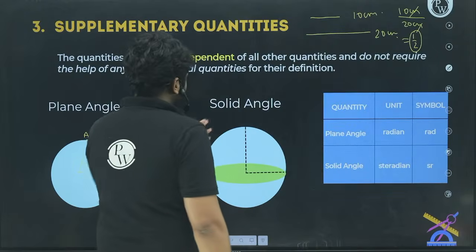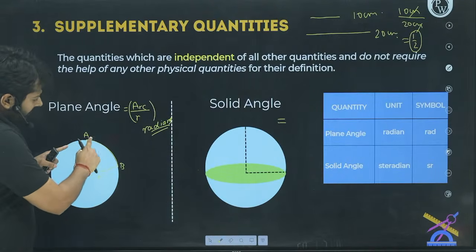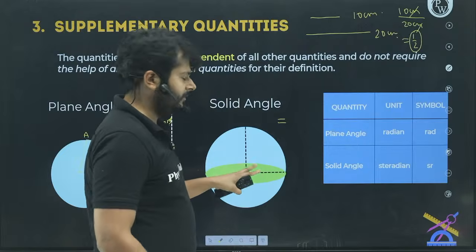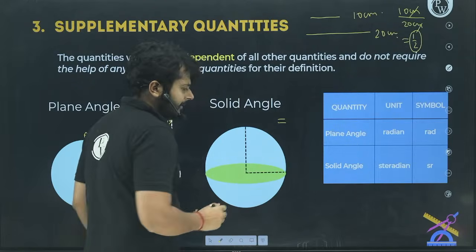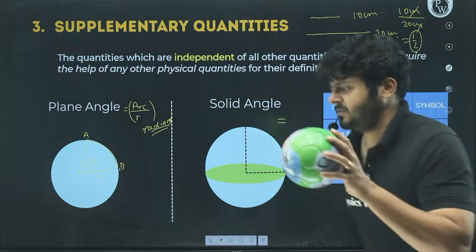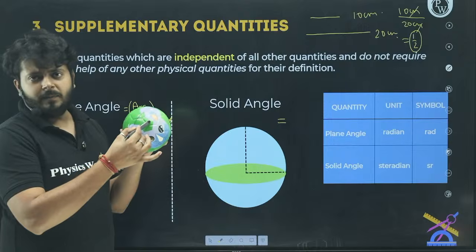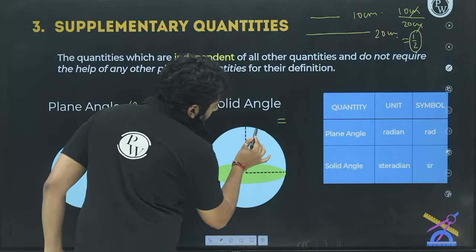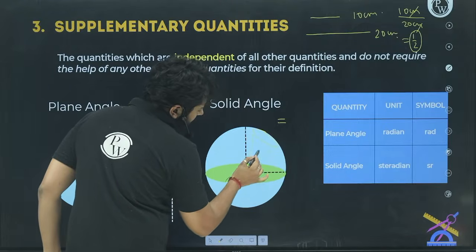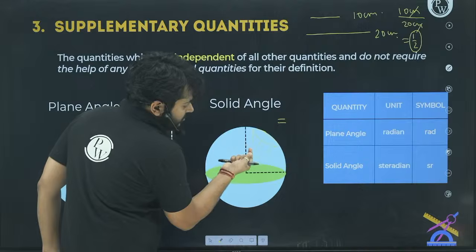Solid angle. The plane angle is subtended by an arc of certain length. Solid angle is subtended at the center by some area. If you have a three-dimensional body and I take a small area on its surface, and I join every point of it with the center, I will make a small angle at the center.